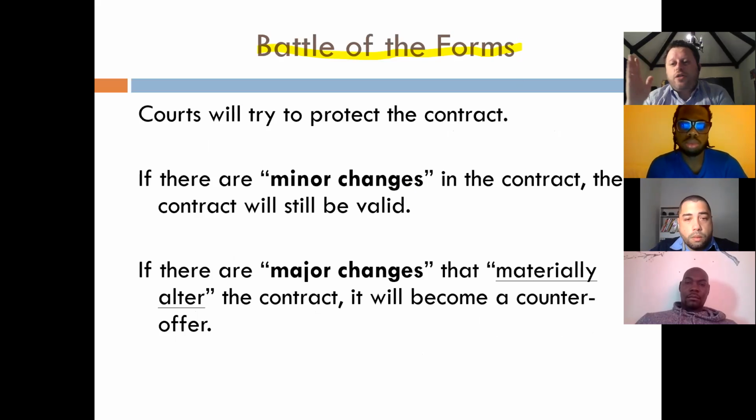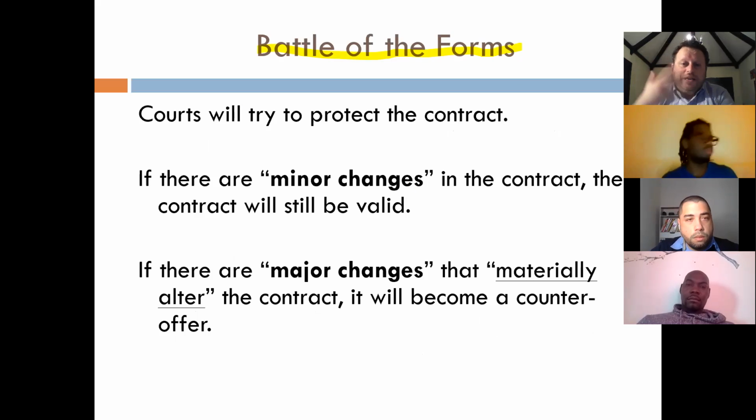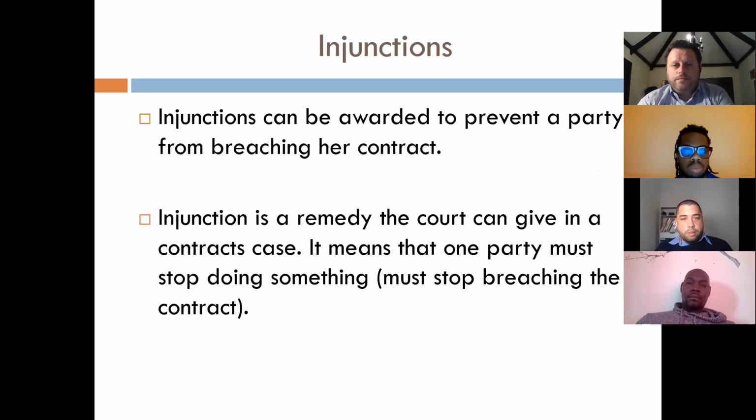This question has nothing to do with Battle of the Forms. And if you discuss this but don't give me good explanations, then what I think is maybe you didn't understand the question, and you just saw the word acceptance and copied and pasted everything about acceptance. So don't tell me everything, just tell me the things that are relevant.